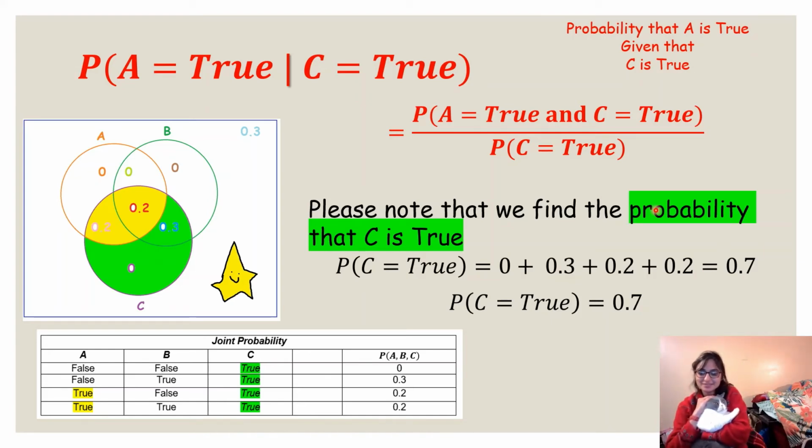So this 0.7 will be the denominator here in Bayes' theorem. We're just going to put in 0.7 for the probability that C is true.